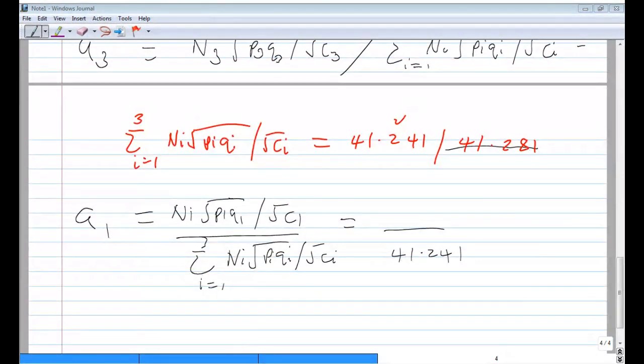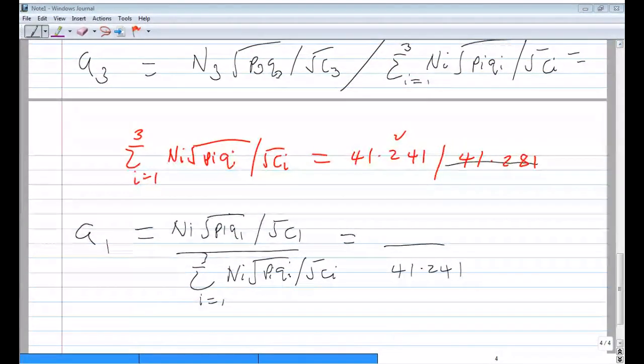What about n1 times the square root of p1 q1 divided by square root of c1? What did you get? 20.667. Yes, it's what I got. So 20.667.